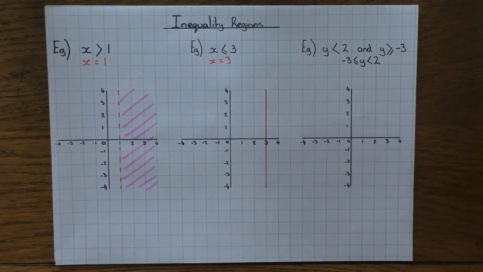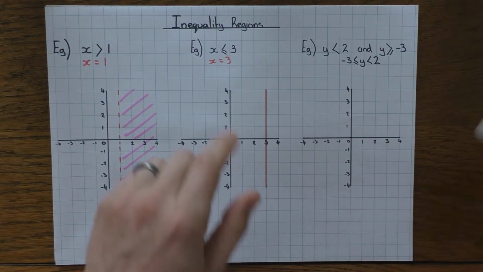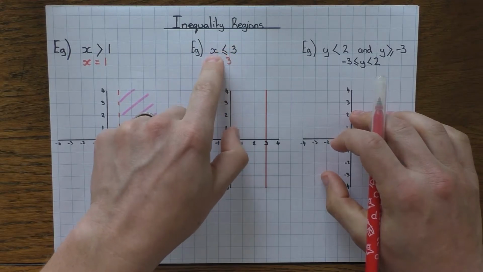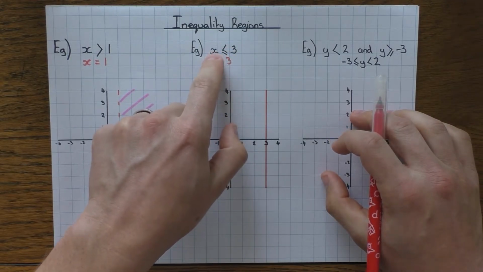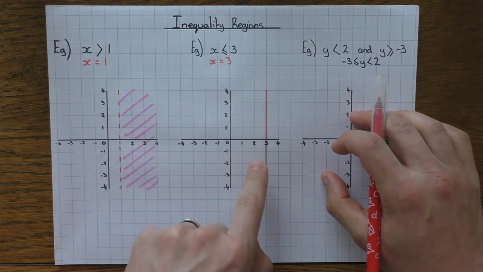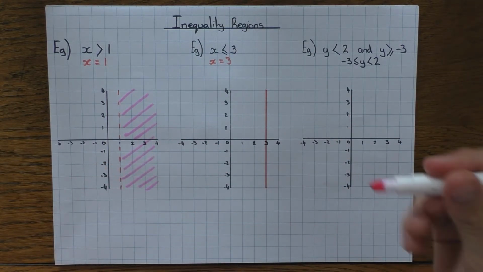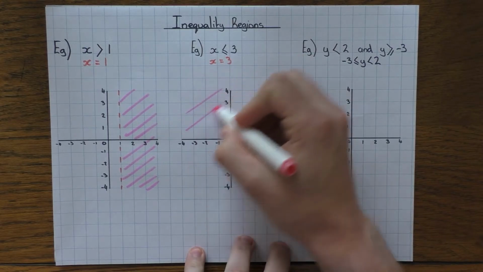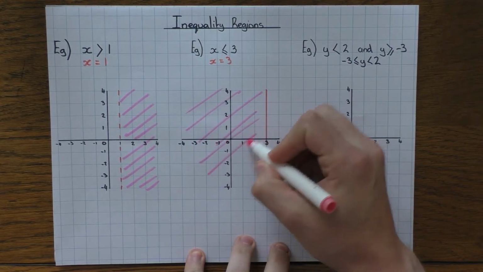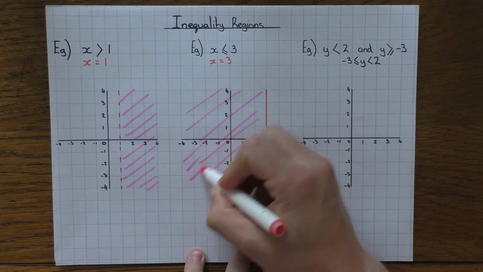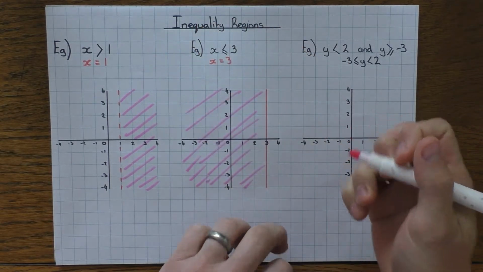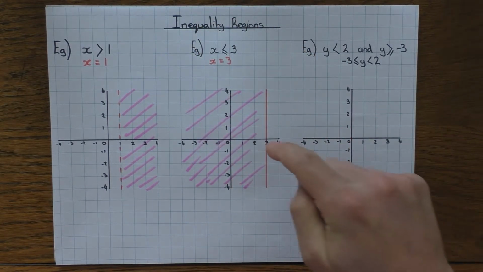And again, what does the inequality actually tell us? Well, this time it's pointing at x, so x is smaller than 3. All these values of x are smaller than 3, so if I was to shade in that region, it would be everything here, that side of the line, because that's everything that's less than 3.